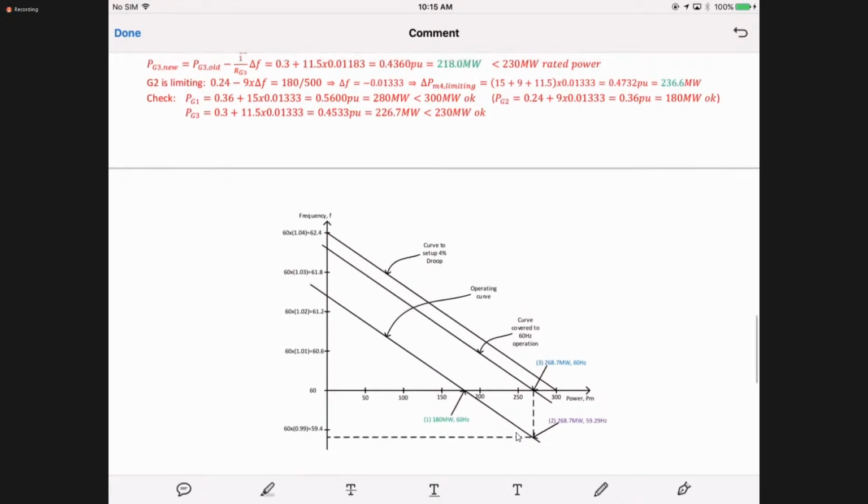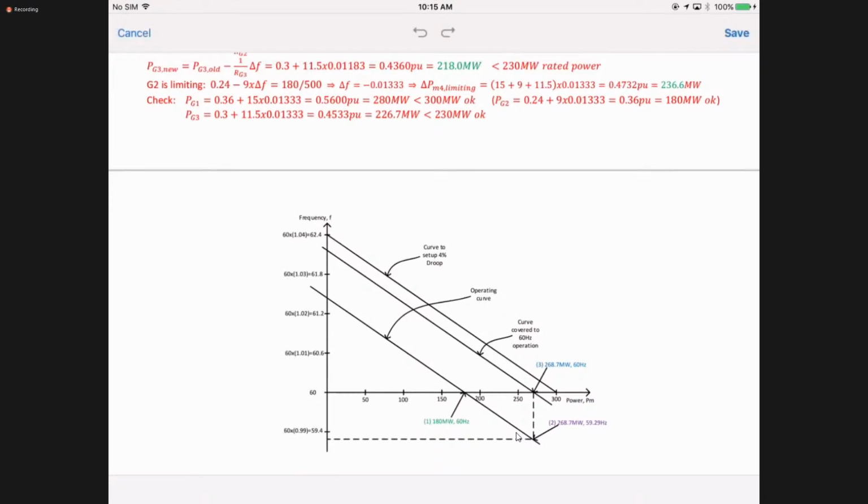Originally it operates at 60 hertz, for this case 180 megawatt at 60 hertz. That means the generator power control is operating on this curve.